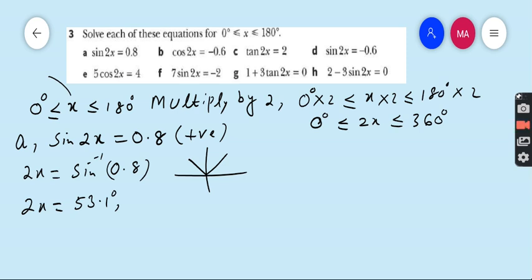And because sine is also positive in the second quadrant, we have to subtract this 53.1 from 180. 180 minus 53.1 is 126.9.